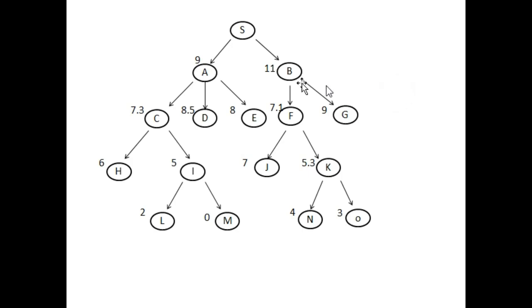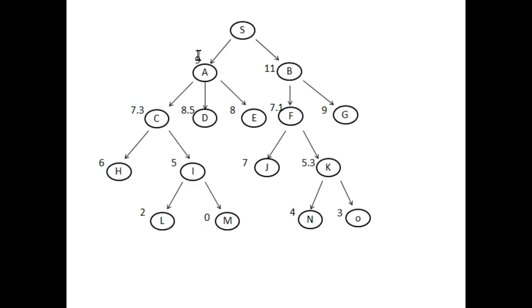Just look at this tree, the problem in which we are moving from starting state S to goal state M. These values 9, 11, 7.3, 8.5, 8, 7.1, and in the same way 9, are heuristic values for these nodes.